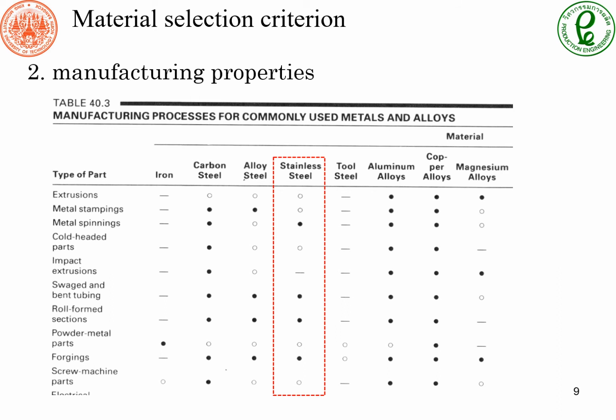For example, if we look at the table under the column stainless steel, we will see that it has been used frequently for metal spinning, swaging, tube bending, roll forming, and forging. It has been used sometimes for extrusion, stamping, powder metallurgy, and screw machining.